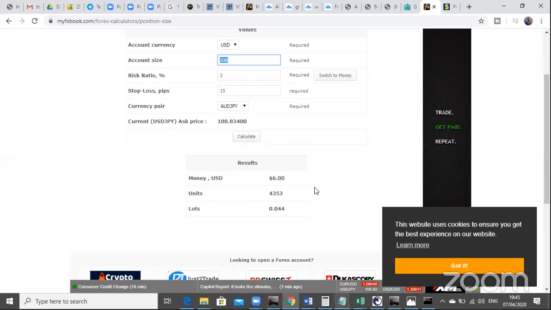But because you are risking 15 pips for this transaction, it is recommending you use 0.04. And even if the trade goes against you, you will only lose $6 out of $200, which is 3%.